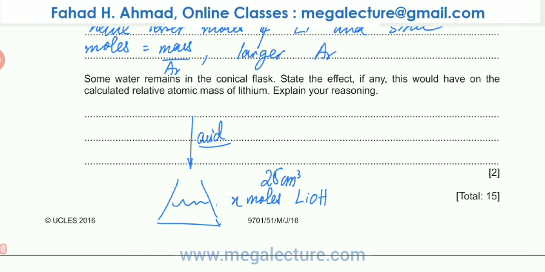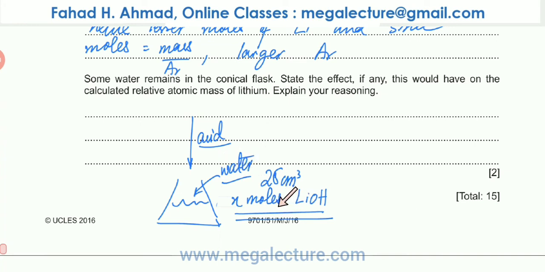So he's saying, what if you started adding more water to it? If you didn't wash the apparatus carefully and there was more water present, and you transferred this 25 cm cube of lithium hydroxide. Now, even if there was more water added to this flask, let's say even after the experiment has started, nothing would happen because your moles that are coming from the beaker are fixed.